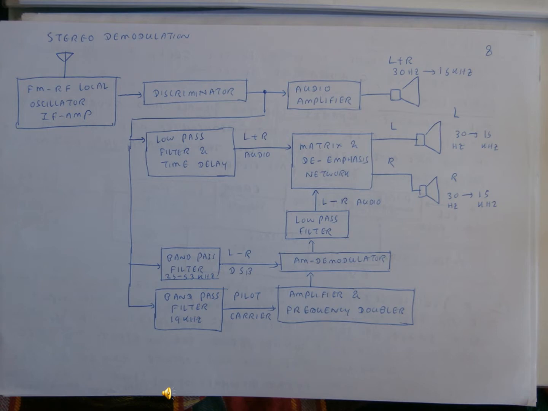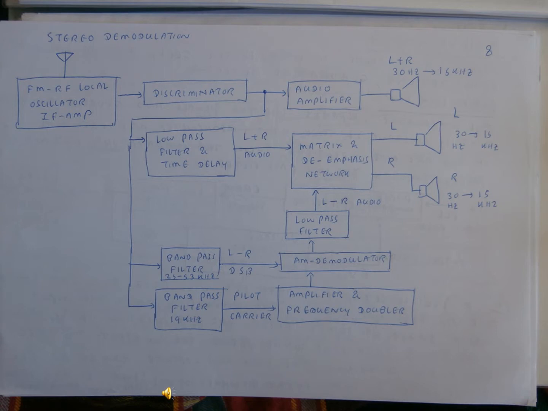The amplifier and frequency doubler output passes through the demodulator, then goes to the low pass filter, and then the left minus right audio goes to the matrix and the de-emphasis network. That is connected to the left and right speakers. The left speaker is 30 hertz to 15 kilohertz, and the right speaker is also 30 hertz to 15 kilohertz. This is a stereo demodulation system.